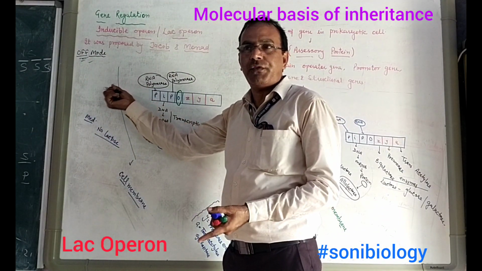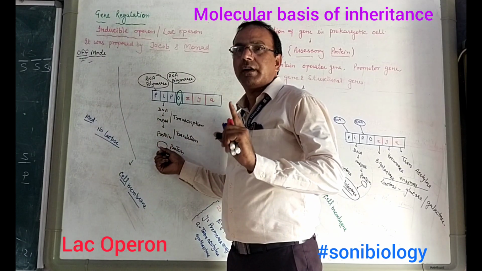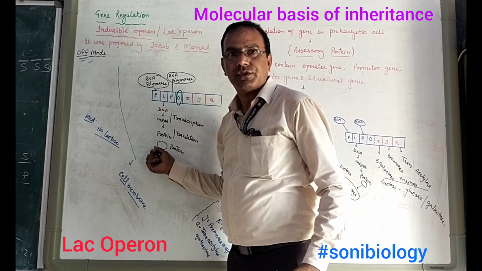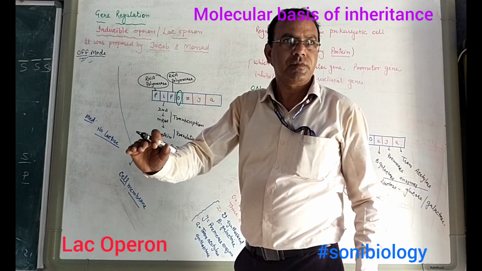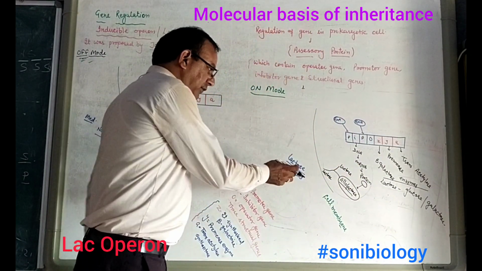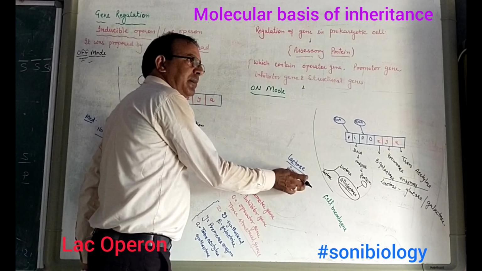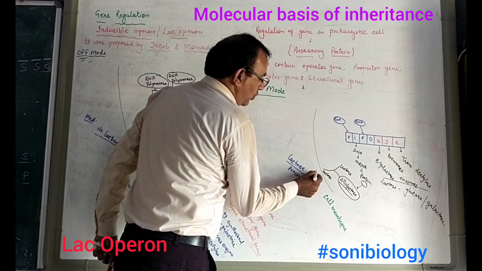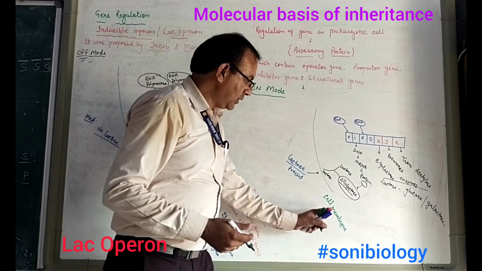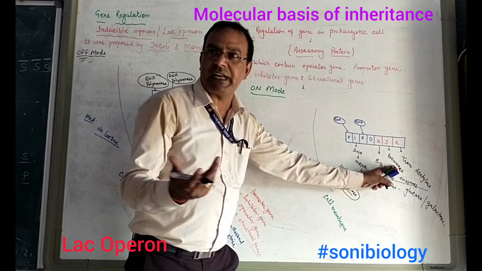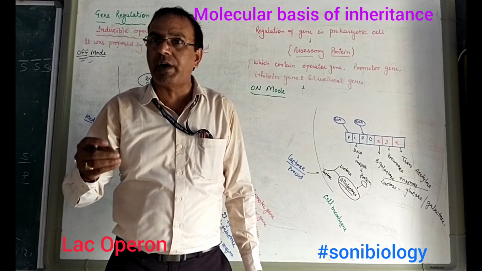Why does it remain off? Because here the protein can't gain lactose. It binds with the operator gene and the process will stop. If lactose is present outside the membrane, this lactose is inserted into the cell by the permease enzyme, because the permease enzyme provides permeability.